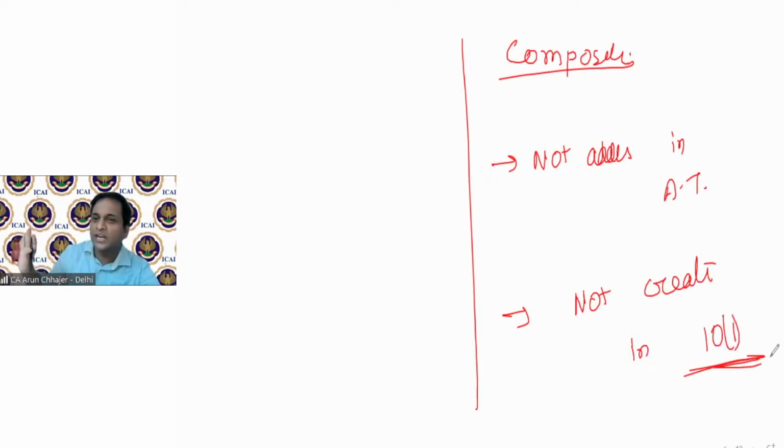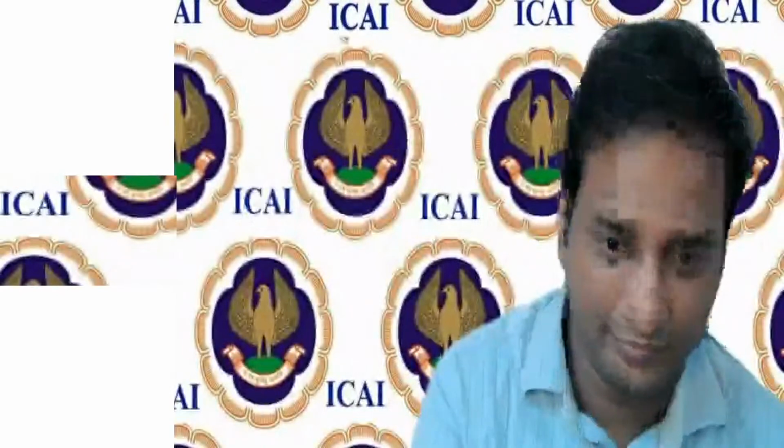You can easily correlate, but in the composition, it is a double advantage. It will not create ineligibility like the regular category, and also it will not be added in the aggregate turnover because it has the upper limit. Thank you. Let's move to the next point.